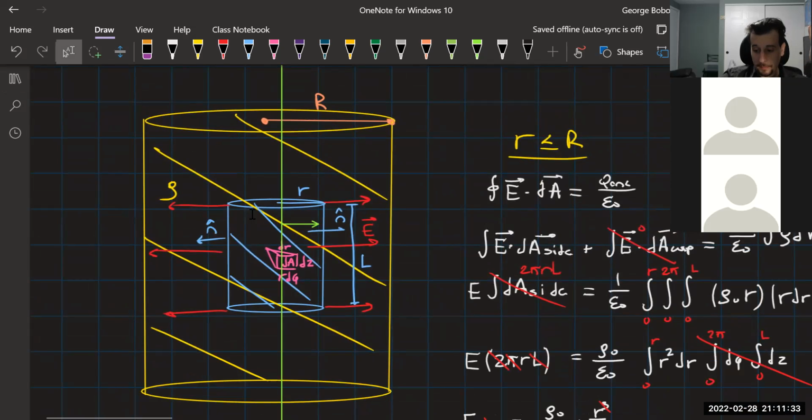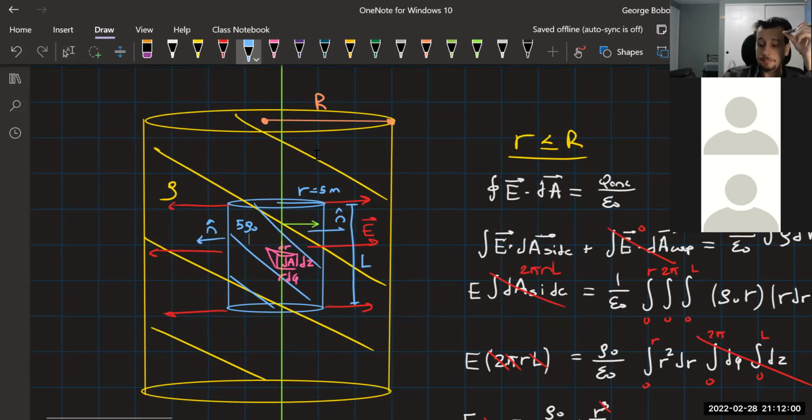For example, I think Kelly's seeing it now. In the case of this Gaussian surface, if this R was 5 meters, the charge density all around the blue cylinder would be 5 times rho naught. You see what I'm saying?